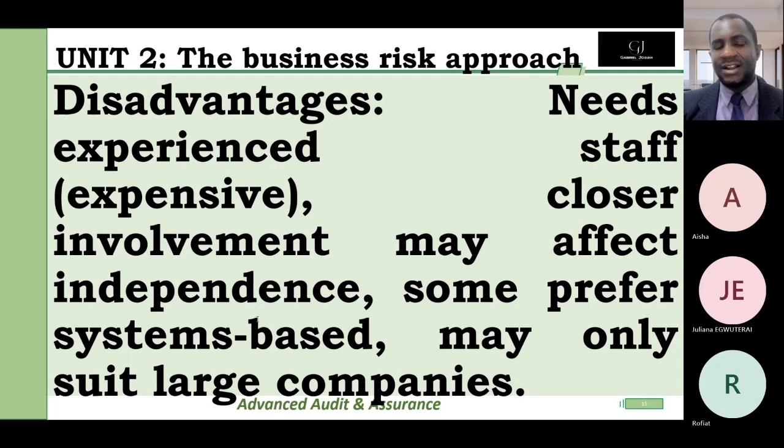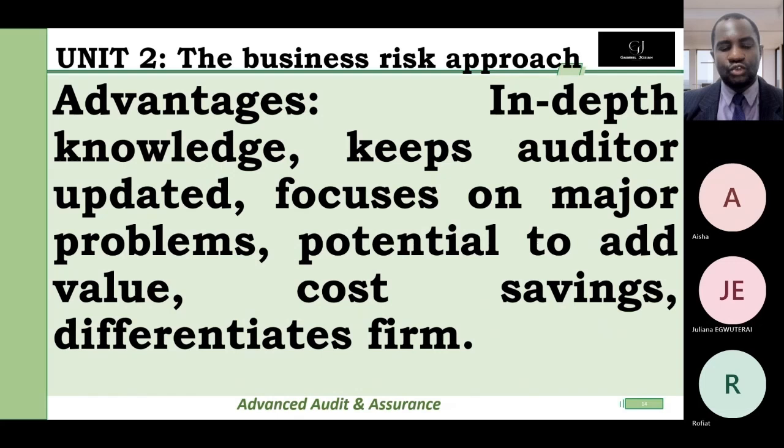So the advantages generally, like we spoke to, is to look at the client you are auditing. The advantages of the business risk approach is to encourage in-depth understanding of the client's business, and it keeps the auditors updated on key business issues that bedevil the client.